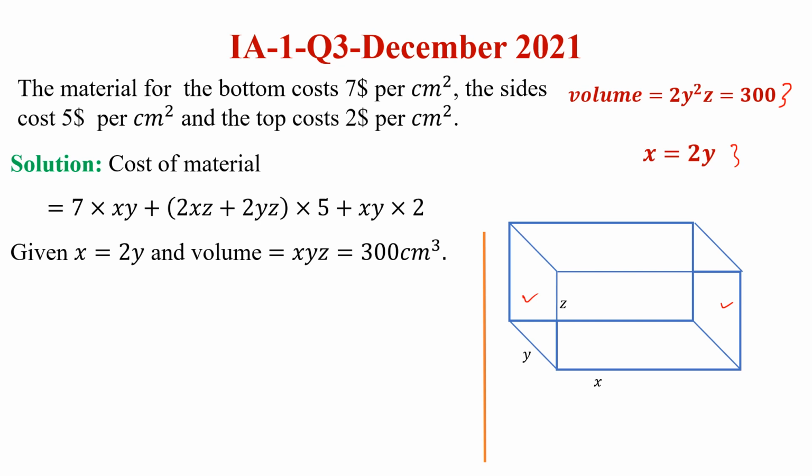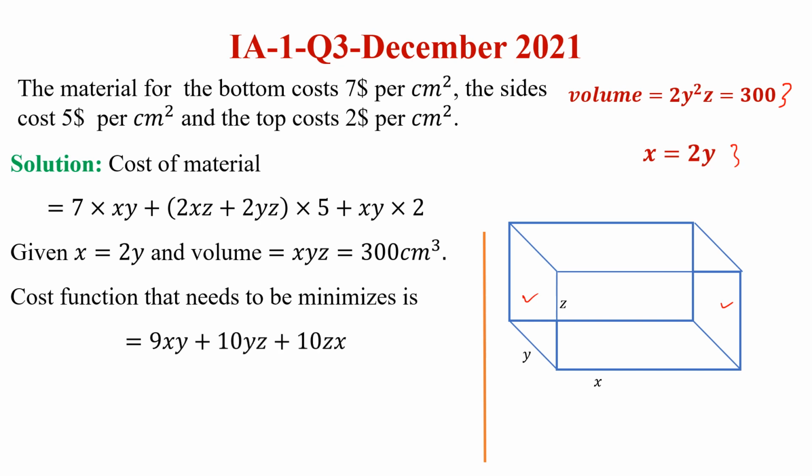Now given x is equal to 2y and the volume xyz is equal to 300 cubic centimeters. By applying this, we get the function to minimize. It is 9xy (7 plus 2), plus 10yz plus 10zx. By putting x equal to 2y again, it will be 18y square plus 10yz plus 20yz.